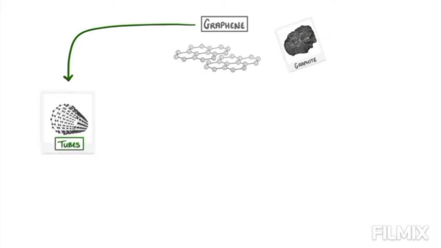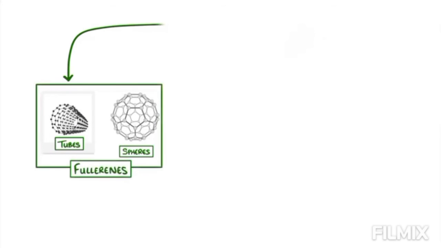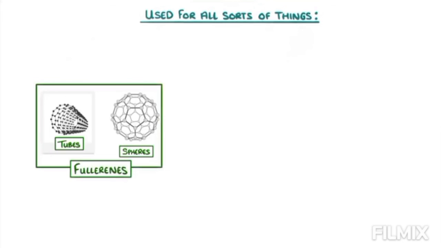Graphene is always seen in nature in the form of graphite. This graphene can be molded into different shapes. It can be converted into tubes or into spheres. These are known as fullerenes.